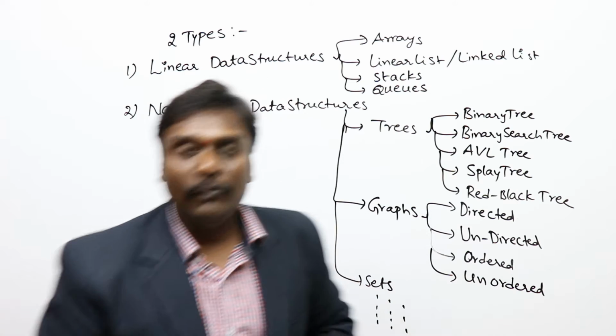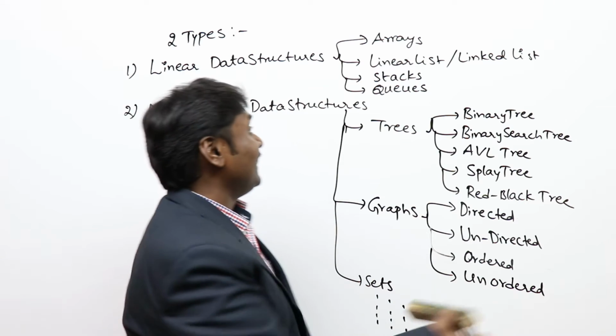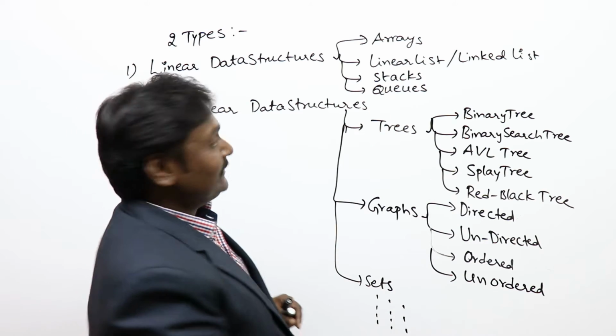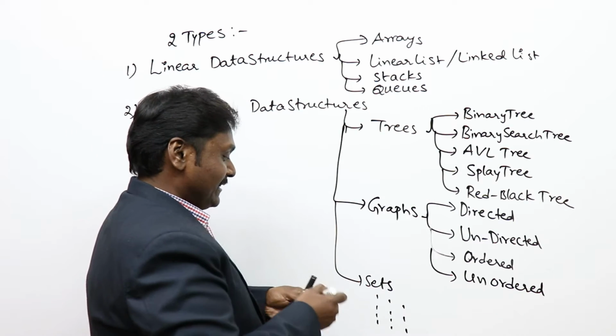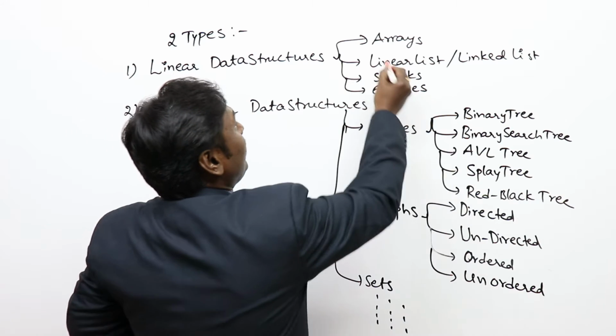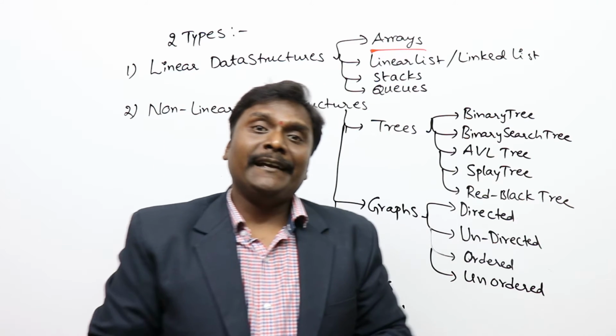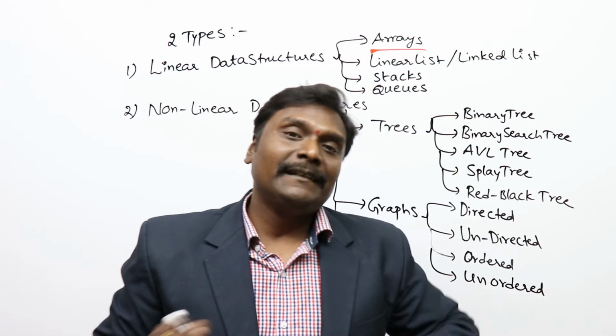Okay. So now let me go to the first concept, that is arrays. Generally, what do you mean by an array? A collection of items which are of similar type.